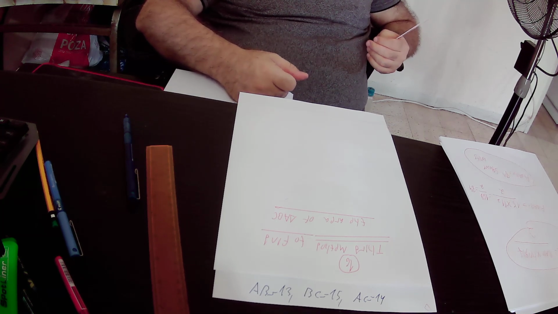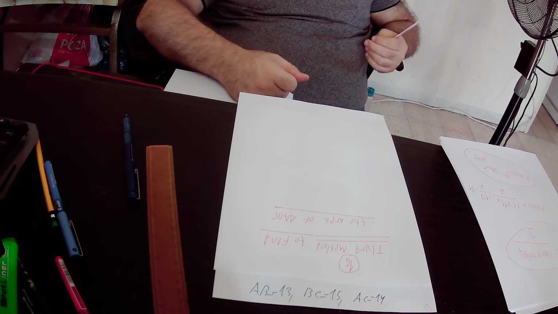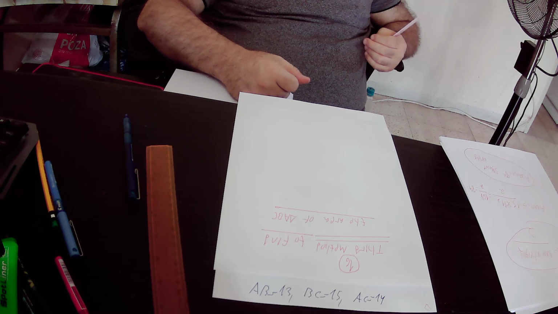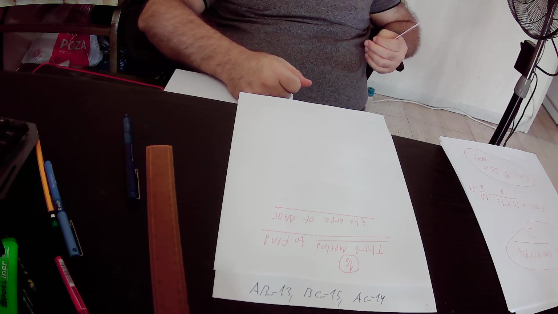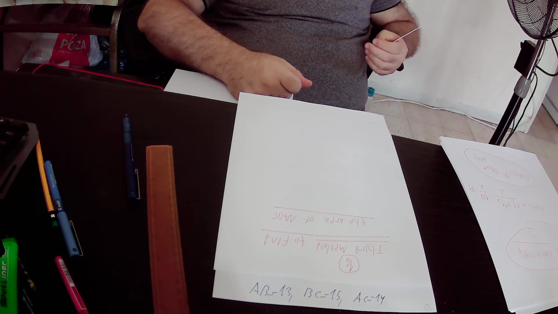We know that the area of any triangle equals the base times the height to the base over 2. So the area of triangle ABC equals the base, 14 units, times the height, 12 units, over 2.